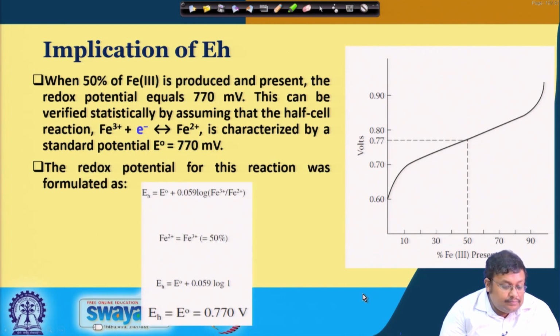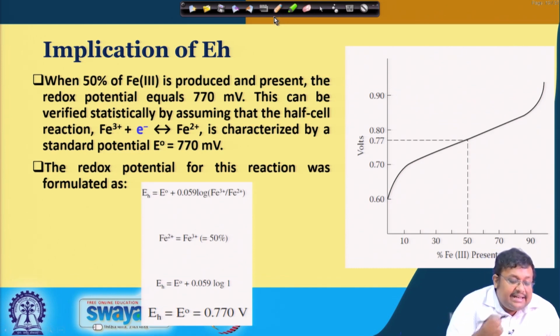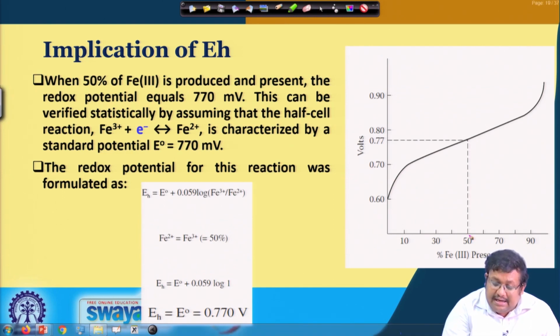When 50% of Fe3 plus is produced and present, the corresponding redox potential is around 770 millivolt.